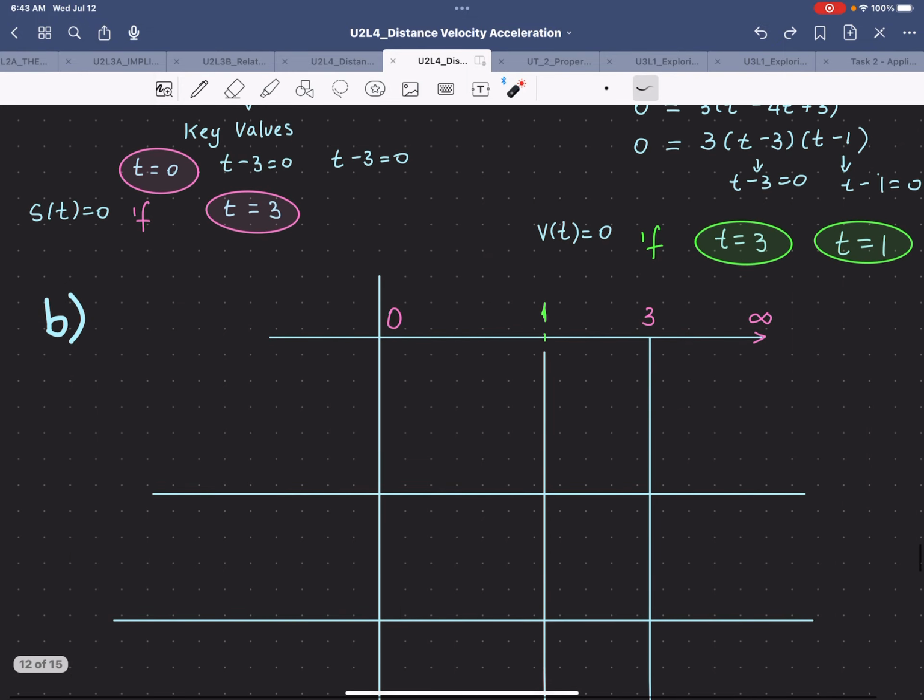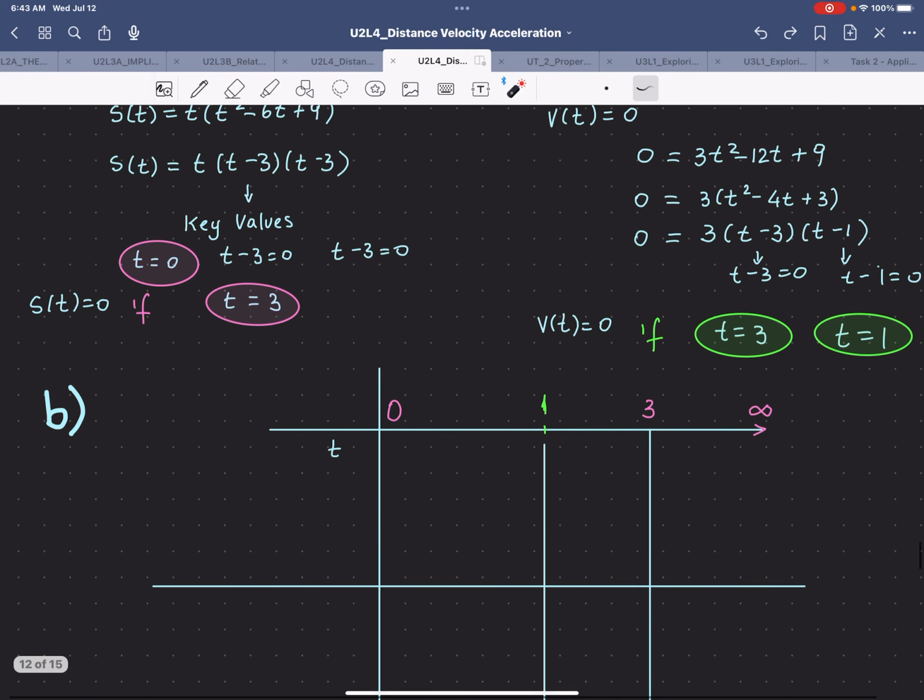So let's list all the factors of position first, which are factors t, t minus 3, t minus 3. And yes, I will be writing t minus 3 twice, and that is because the sign of t minus 3 is different than the sign of t minus 3 times t minus 3. So it is important to list all the possible factors.